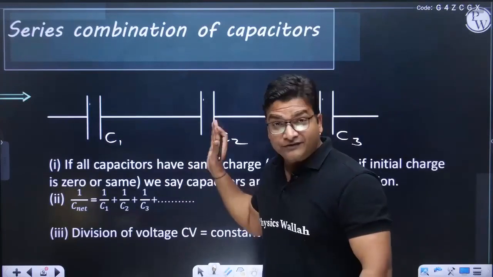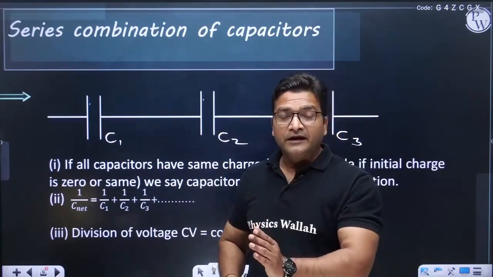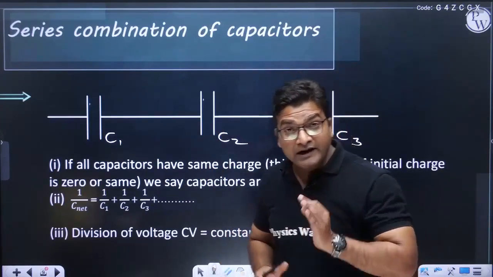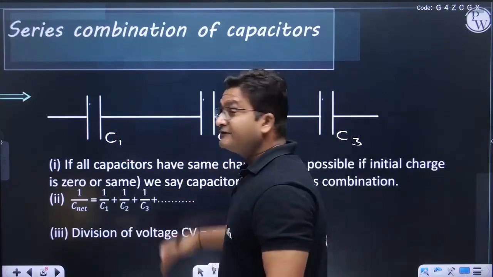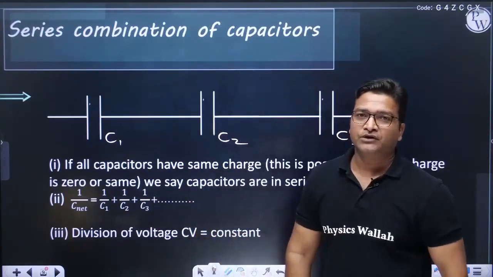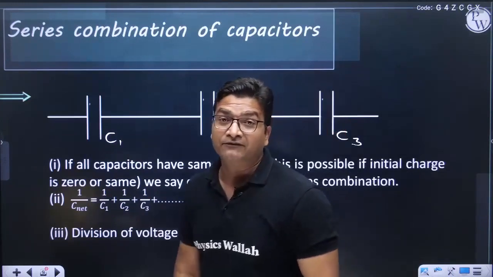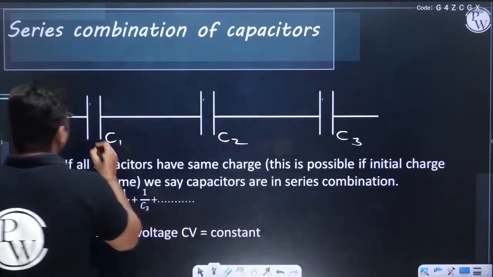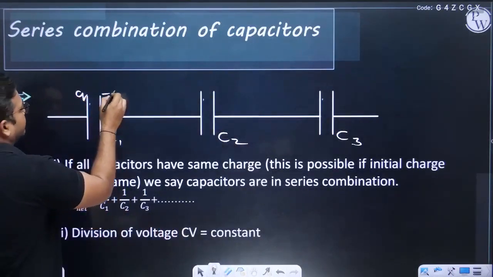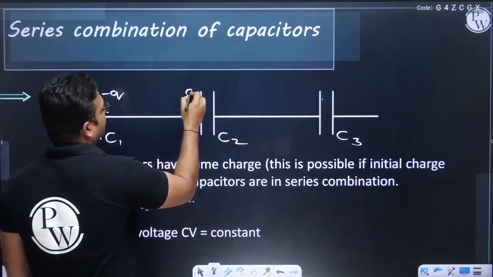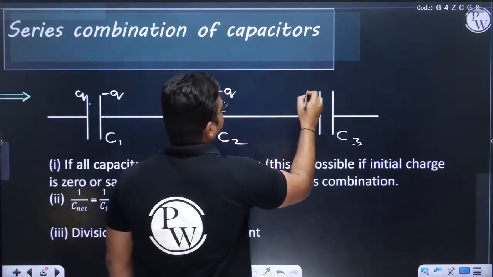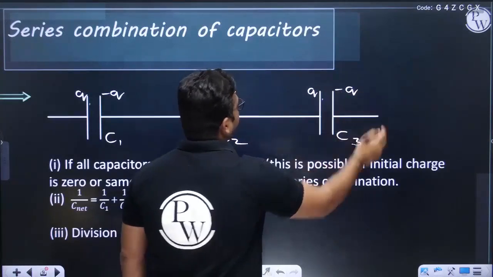These three capacitors are said to be in series combination only if all three capacitors have equal charge. Means if this capacitor has charge Q and minus Q, this too must have Q and minus Q, this too must have Q and minus Q.